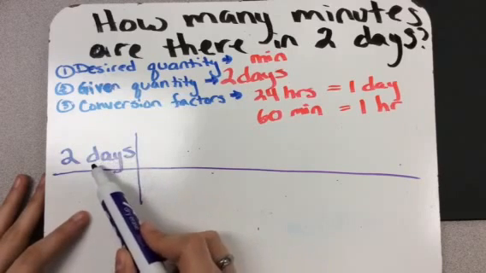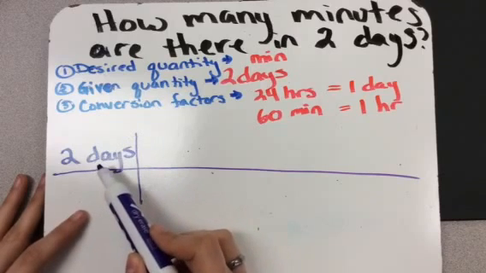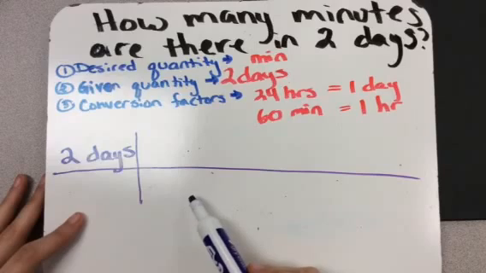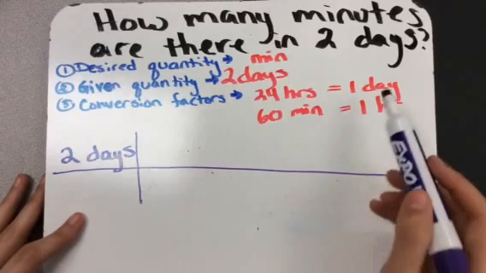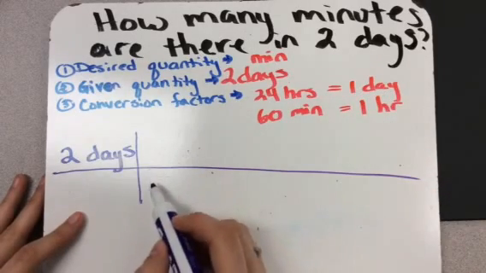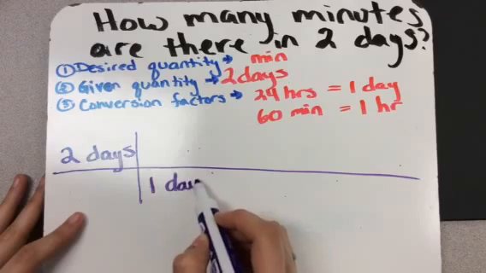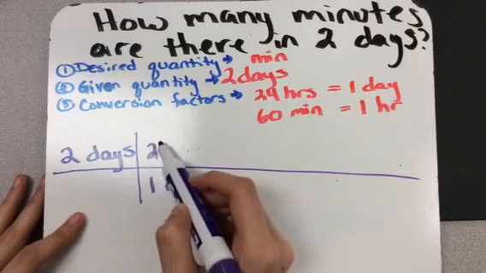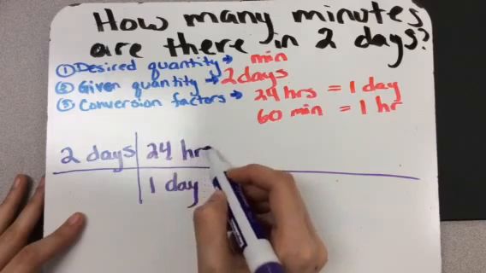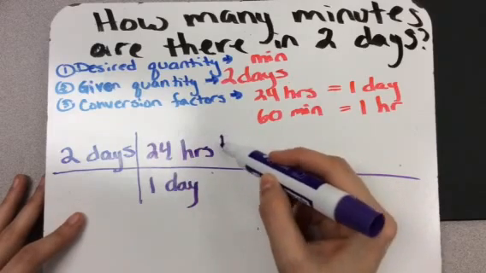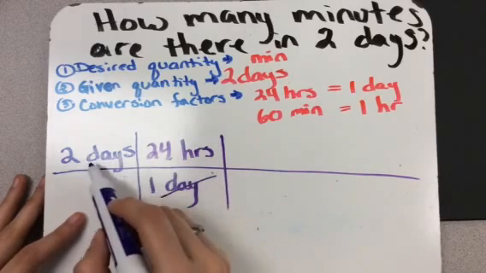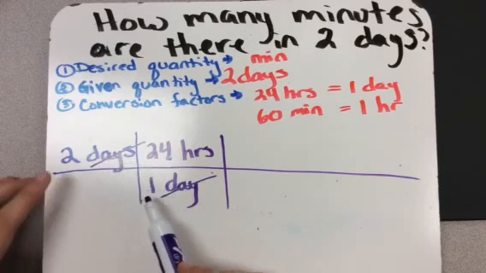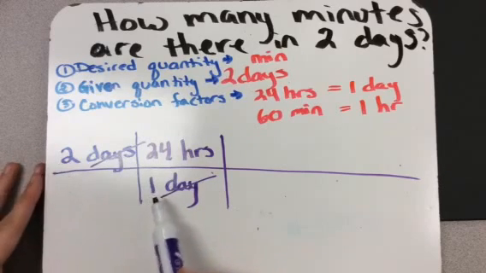If you have a unit at the top, in order to cancel that out, you need that same unit in the denominator. So we're going to take this 1 day and put it at the bottom, and we're going to put 24 hours at the top. In this way, days can be canceled out. Notice you're only canceling out the unit, not the numbers. Save the numbers for later.